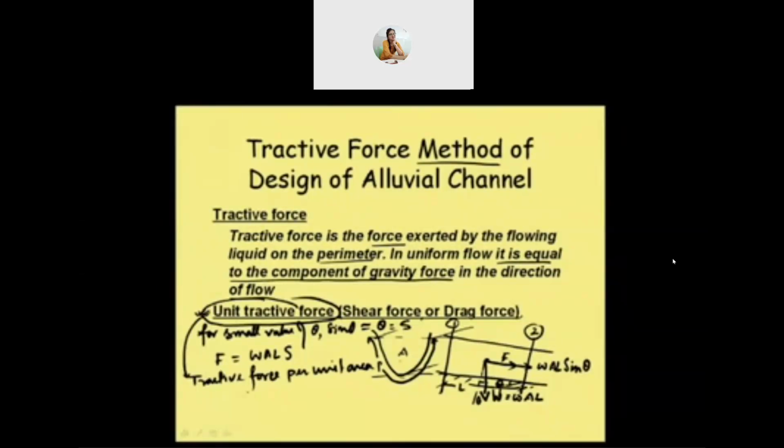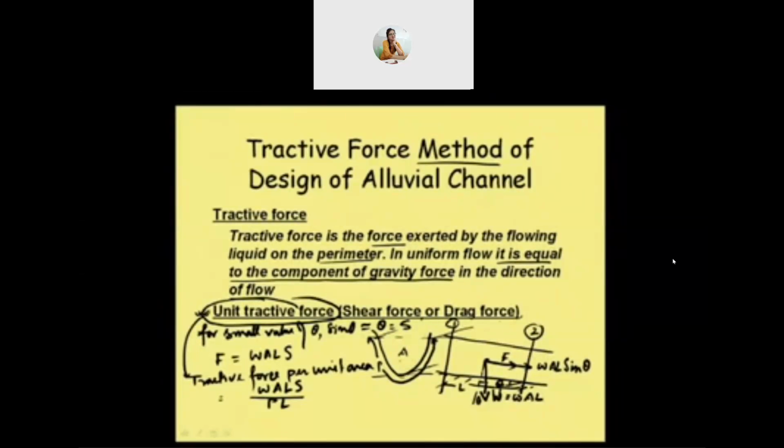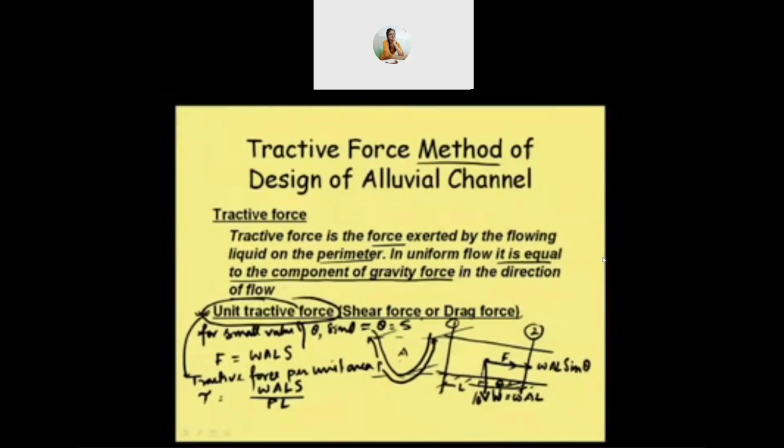This will be equal to WALS divided by the surface area, that is P into L. P into L is the surface area: perimeter times length. That we generally write as tau, the tractive stress.